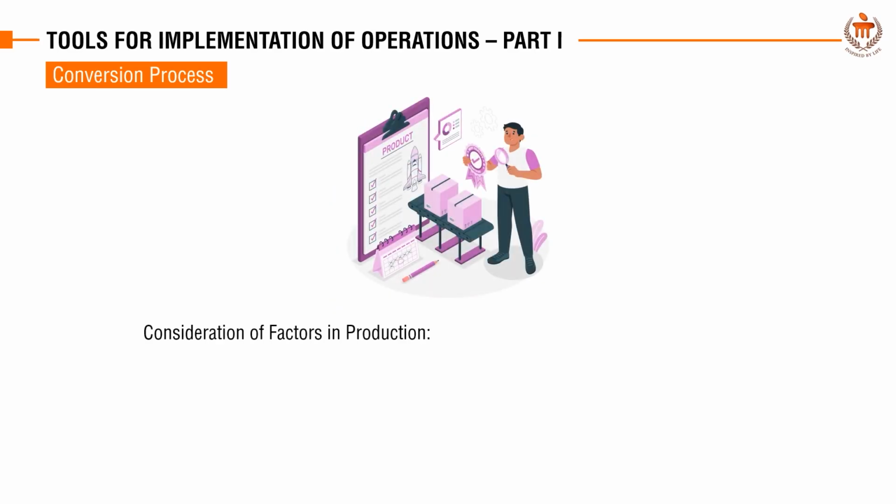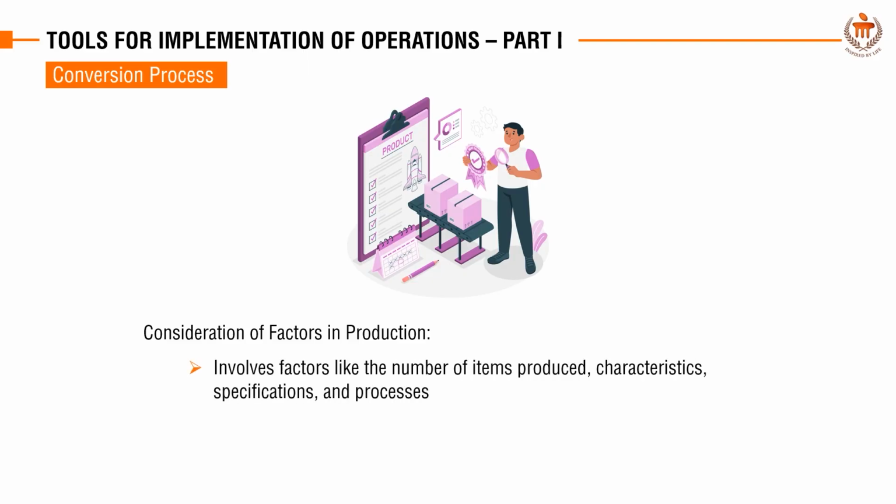Moreover, production is not solely about the mechanical conversion of raw materials. It also involves careful consideration of several factors, such as the number of items produced, the essential characteristics and specifications of these items, and the specific processes employed in their conversion. Each of these aspects is vital to meeting quality standards and customer expectations.